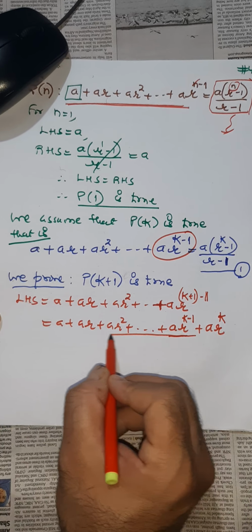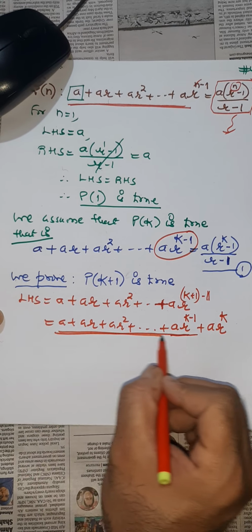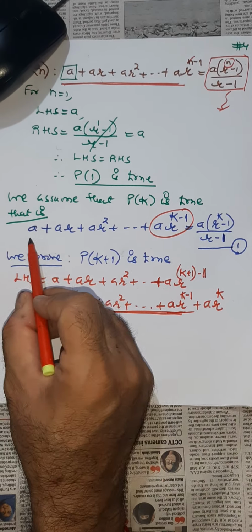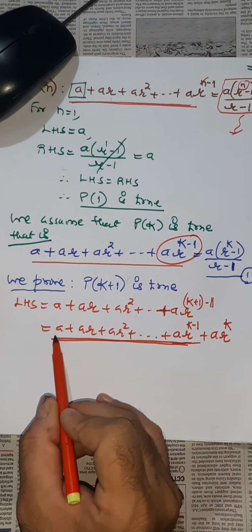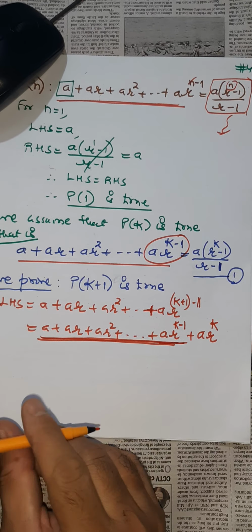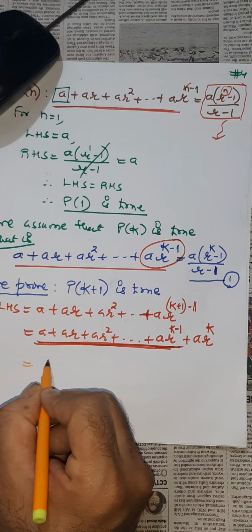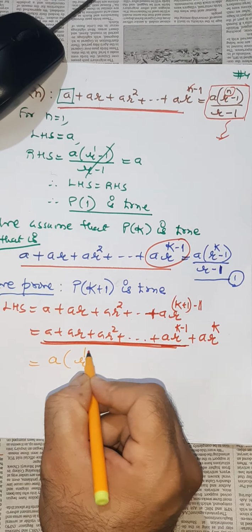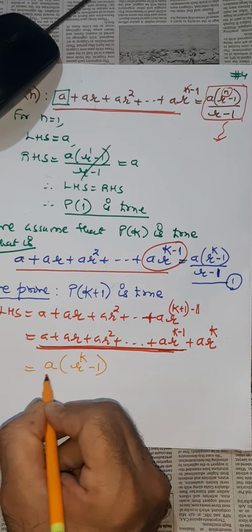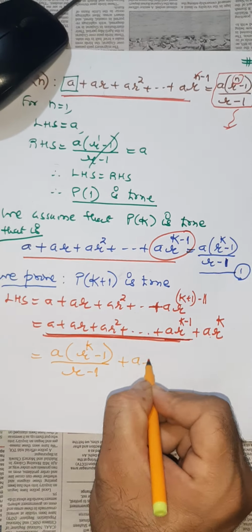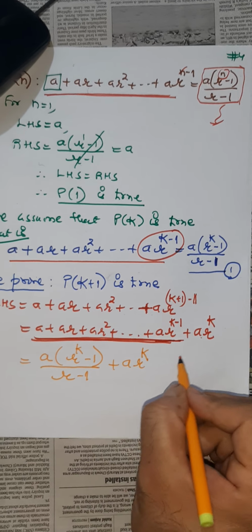Now why did we do this? Because you know this much by equation 1. So I'll place the value of this one. If I place the value of this much, what will we get? A into r raised to k minus 1 upon r minus 1, this by 1, and this one as it is, a into r raised to k.